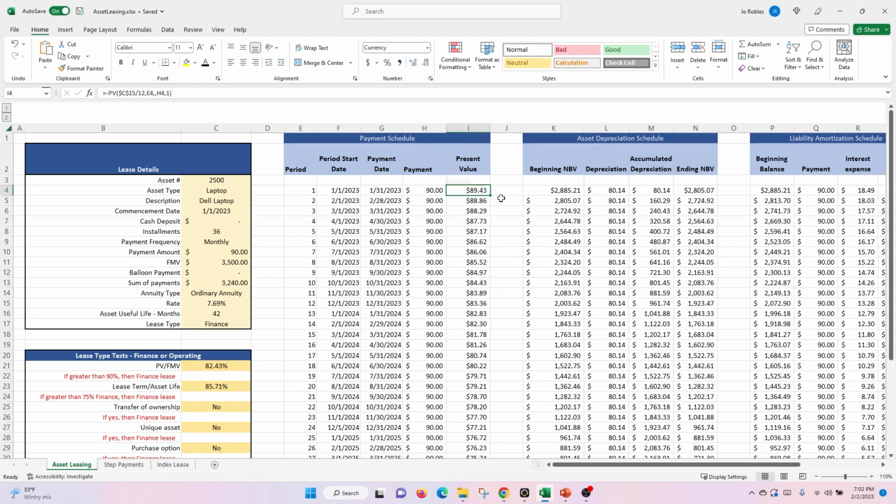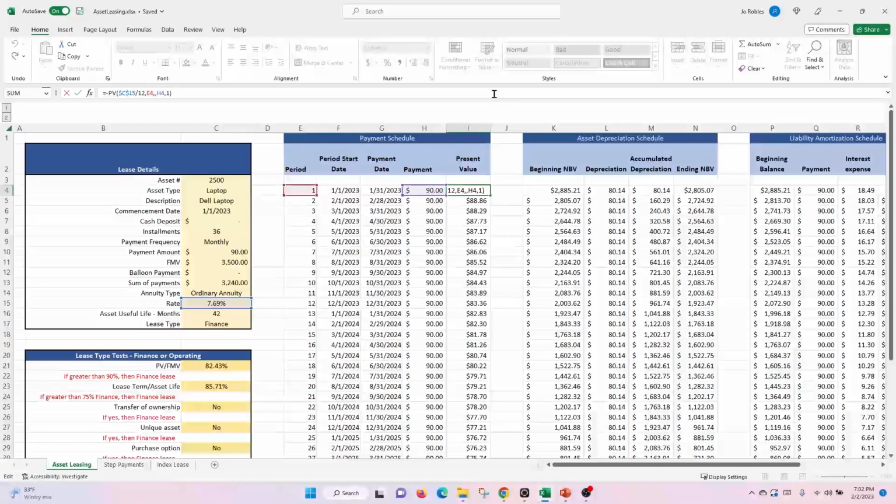Now, to calculate the PV, you can use a PV formula in Excel. Just remember to divide your incremental borrowing rate by 12, because there are 12 months in a year and that is an annual rate.